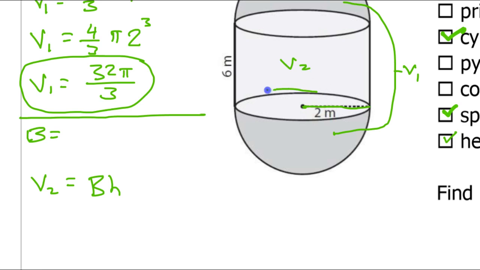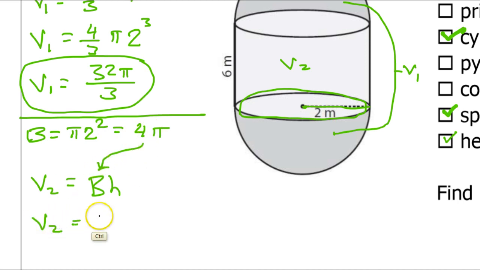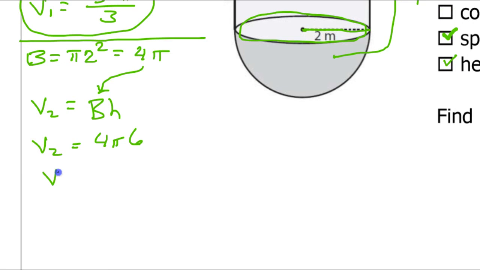The base is this circle that has a radius of 2. The area of a circle is pi r squared, so that's pi times 2 squared, which is 4 pi. So that's going to go in right here. So volume 2 is 4 pi times the height of the cylinder, which is 6. So that's 24 pi.